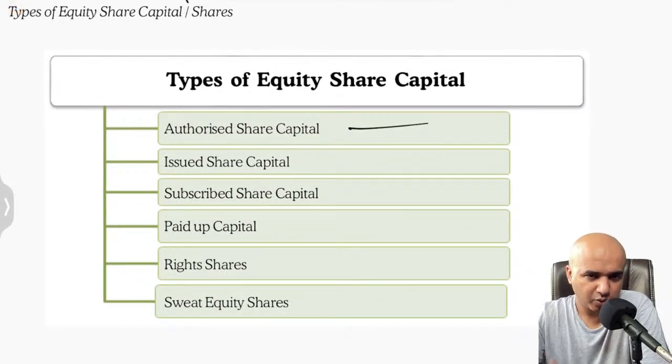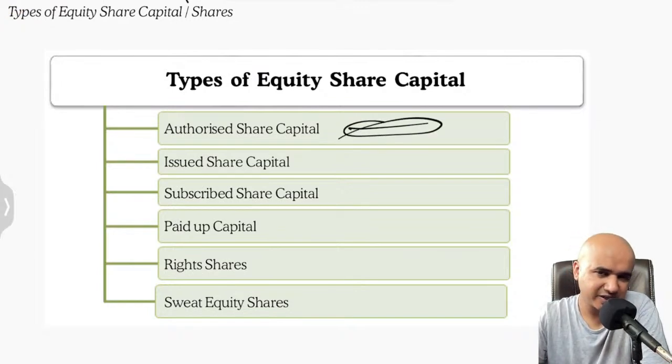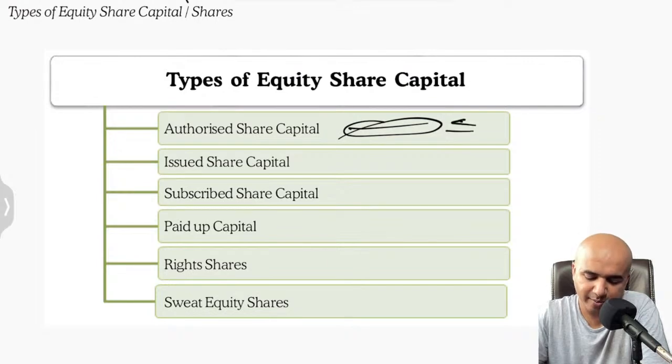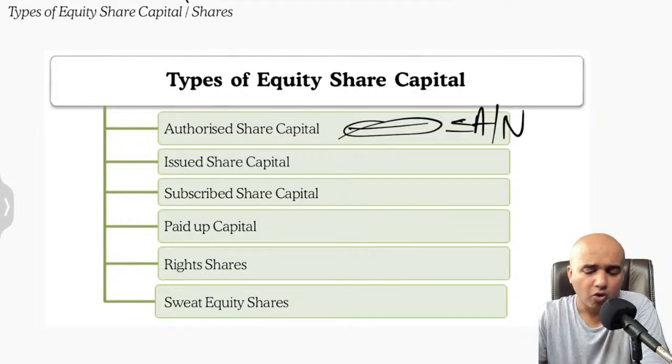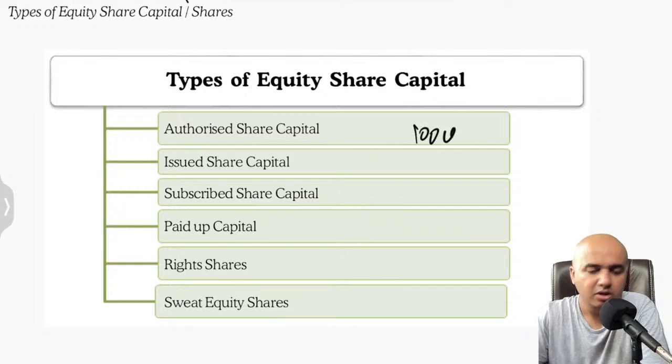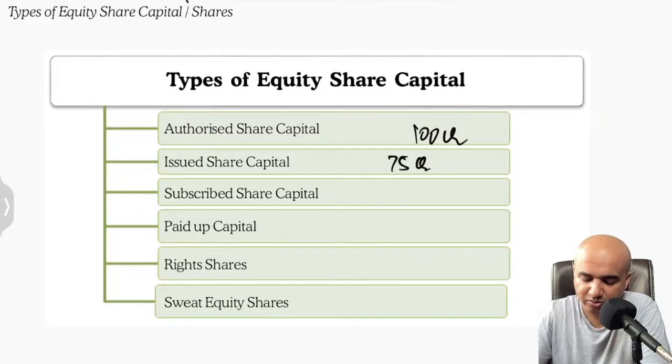Now, once authorized capital has been decided, you decide usually at the time of registration, incorporation. You cannot exceed beyond this. Your share capital should be less than or equal to the authorized capital or nominal capital. Whatever is your authorized capital, it need not be your issued capital. Meaning, my authorized capital could be 100 crores, but I may not need 100 crores right now. I may issue only, let's say, 75 crores right now.